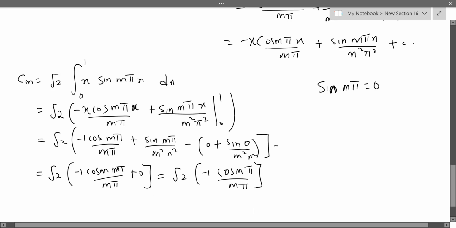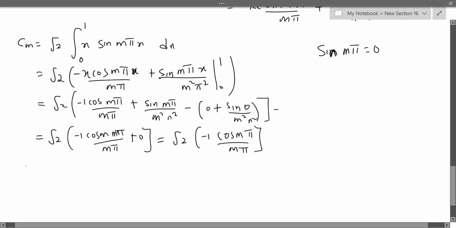So let's do some analysis, and it is very, very important to understand this part. Let's see the behavior of this cos m pi. And what do we mean by looking at the behavior? We want to see what this function gives for given values of m. So let's say, for example, if m is equal to 1, you get cos pi.